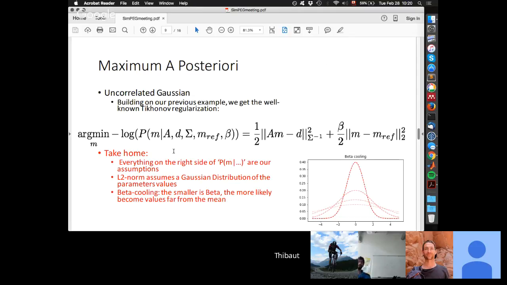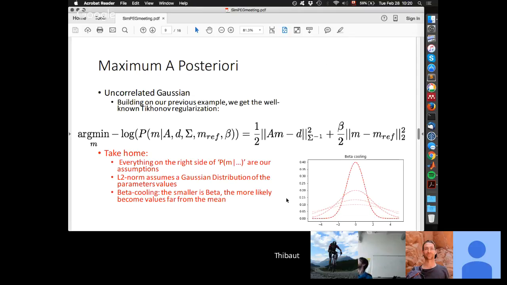You assume your model itself is drawn from a Gaussian distribution. We have made a ton of assumptions to get here. So L2 and Gaussian are very interwoven. It's the same thing, just from two different points of view.